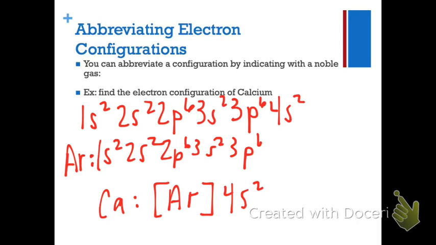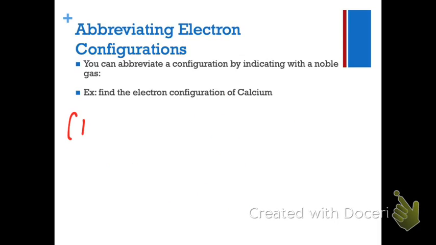Listen. If I was looking at copper, okay, let's find where copper is. See copper? 3d9. Okay, I want you to look at what I'm going to do here. For copper, what's the electron configuration that comes before? What's the noble gas that comes before?